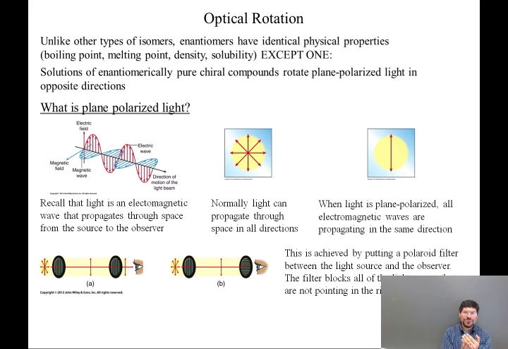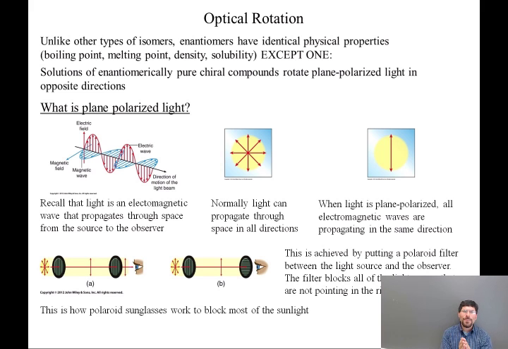The light coming through this filter now has all of its light propagating in one plane, and therefore it is called plane polarized light. This type of filter is called a Polaroid filter, so that's where the polarized comes from.